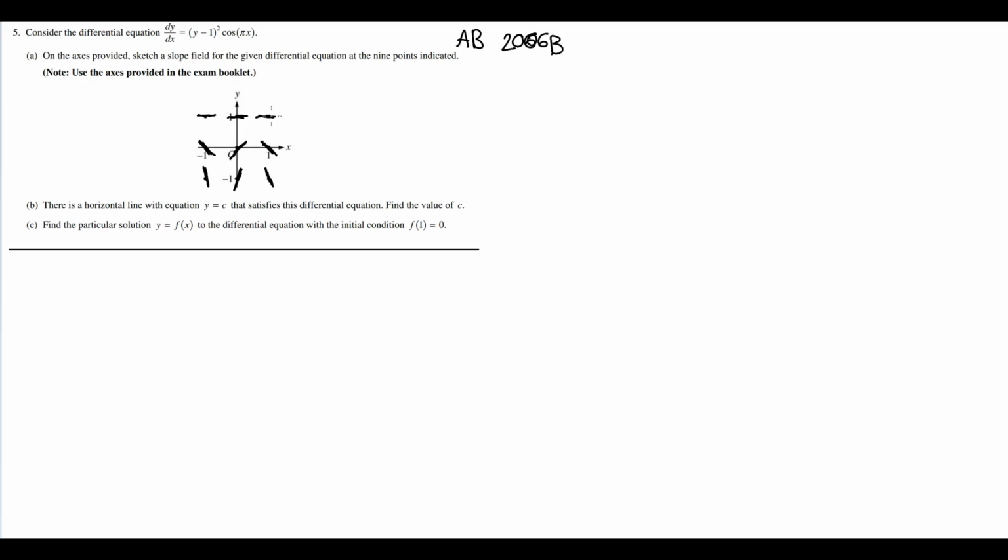Part B: there's a horizontal line with equation y equals c that satisfies this differential equation. Find the value of c.